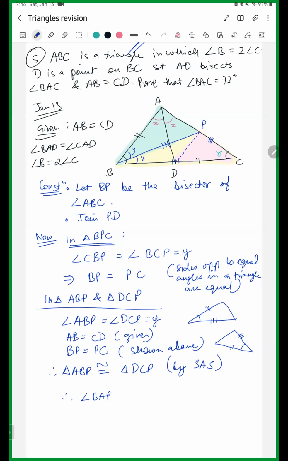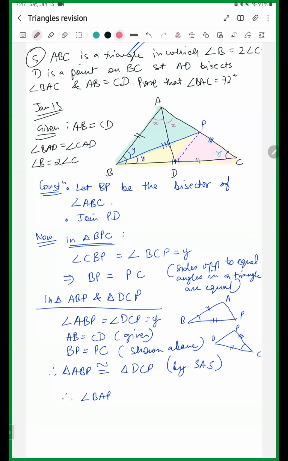So by CPCT, we will have angle BAP equal to the corresponding angle. So triangle ABP is congruent to triangle DCP.